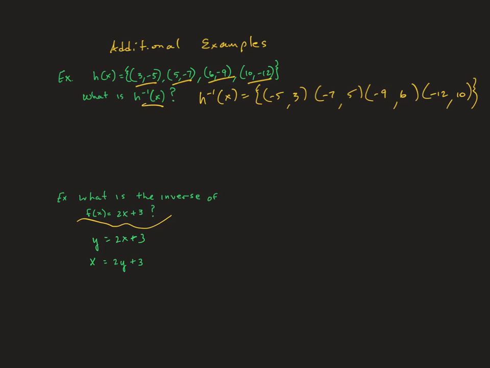And then it tells me to solve for y. I'm going to do that by subtracting 3 from both sides. Then I'm going to divide away the coefficient. And we have y equal to 1/2 x minus 3/2.